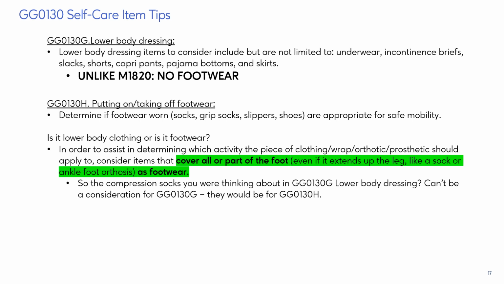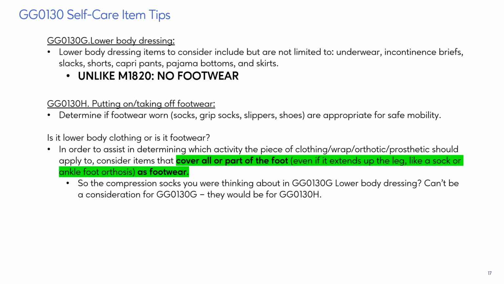Now, what determines whether something is lower body clothing or actual footwear? The guidance says that whether we're talking about the clothing, the wrap, the orthotic, the prosthetic, anything that covers all or part of the foot, even if it extends up the leg like a sock or an AFO, that is footwear.